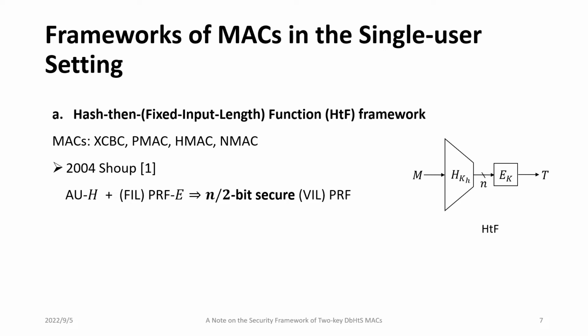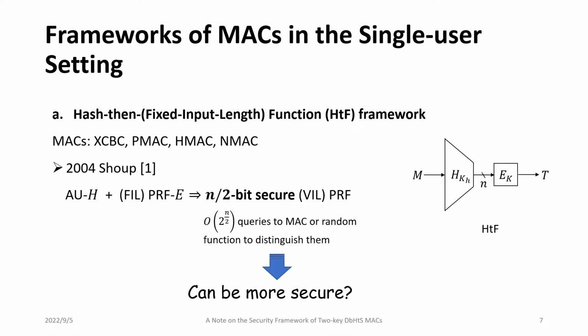Then, HTF is an n/2-bit secure PRF. That is to say, the adversary needs to make about 2 to the power of n/2 queries to distinguish it from a random function.